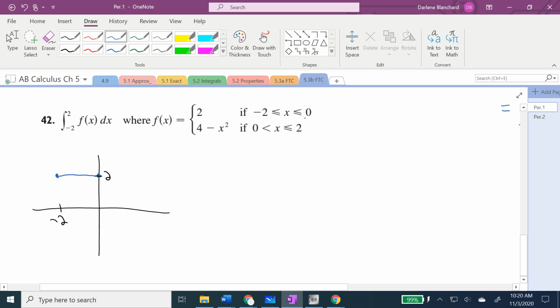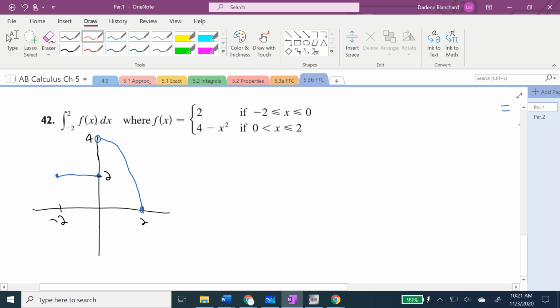Then when I am between 0 and 2, I'm following an upside down parabola that's moved up 4 units. So I'm trying to draw the right half of an upside down parabola. What I want you to observe is this graph has a discontinuity, but it's a jump discontinuity.